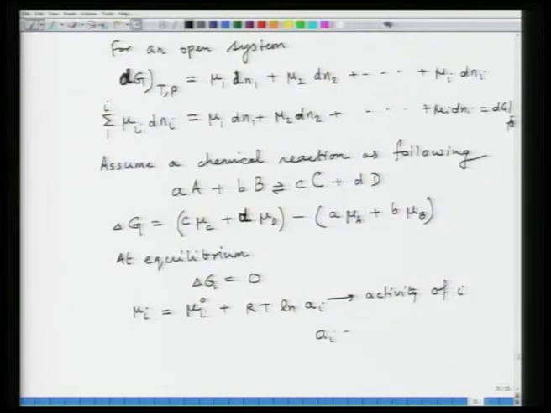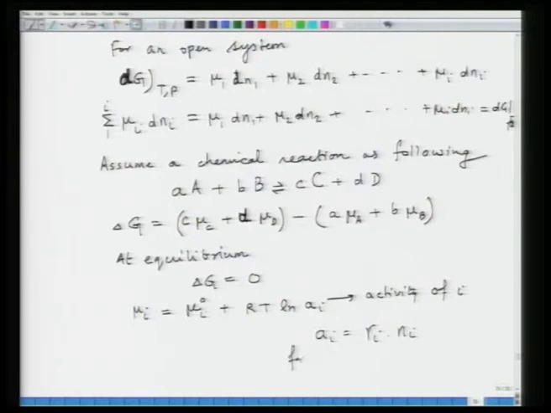We know that ai is equal to gamma i multiplied by Ni or Ci, depending upon the convention, where gamma i is the activity coefficient.